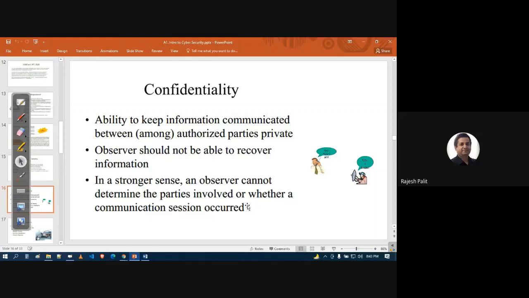Say for example, in a cantonment, if the enemy party can observe or detect that some activity is going on in the middle of the night and they are busy communicating with some other parties, from that clue the enemy can gather some information from other sources. So in a stronger sense of confidentiality or secrecy, the attacker should not be able to know whether any communication took place or not.